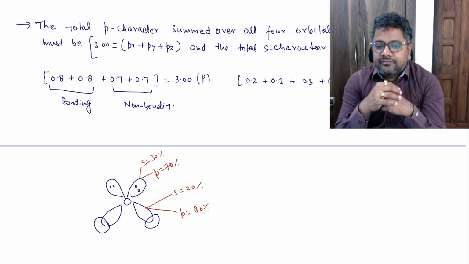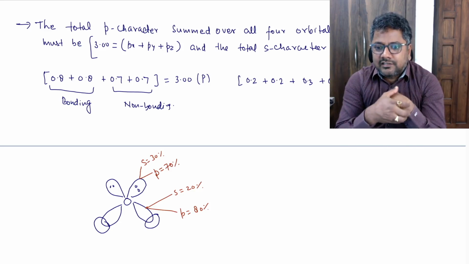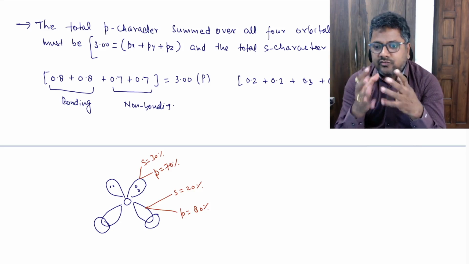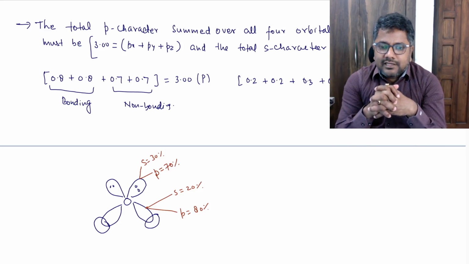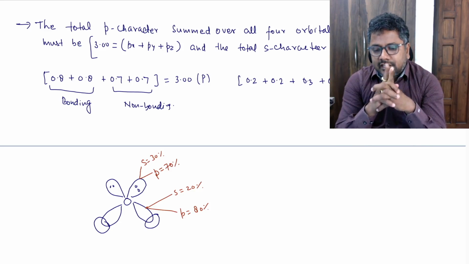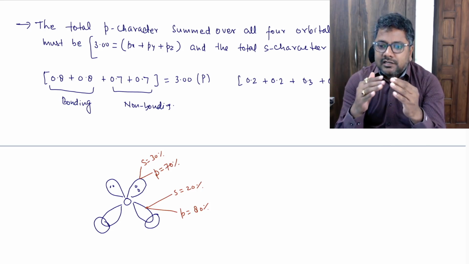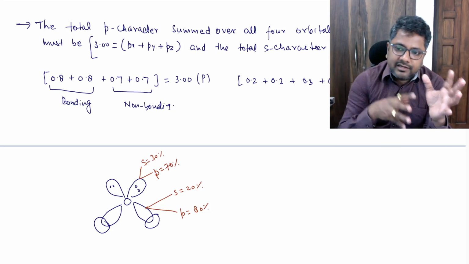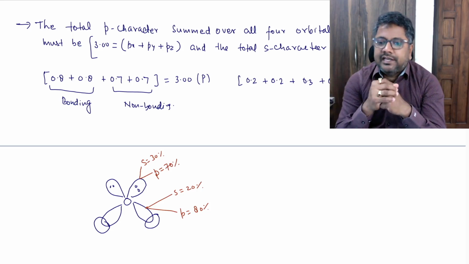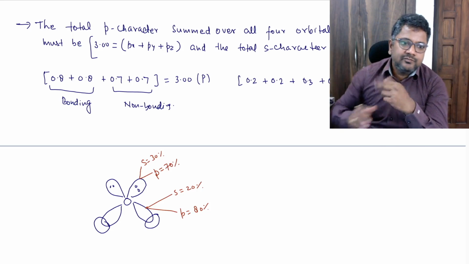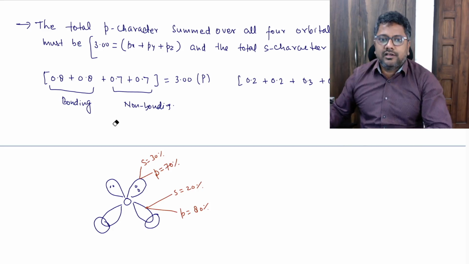What are the different characters, how much they contribute. So what can we say? We can say that in the water molecule, the bonding orbitals have the mixed character between sp3 and pure p atomic orbital, right? So this is called what?